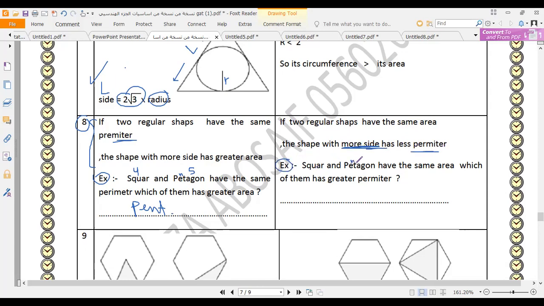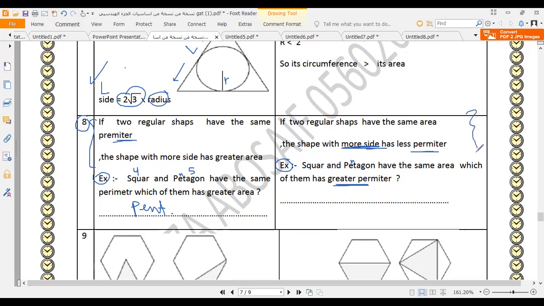Example: a square and a pentagon have the same area. Which of them has greater perimeter? So which has greater perimeter, is it the square or the pentagon?